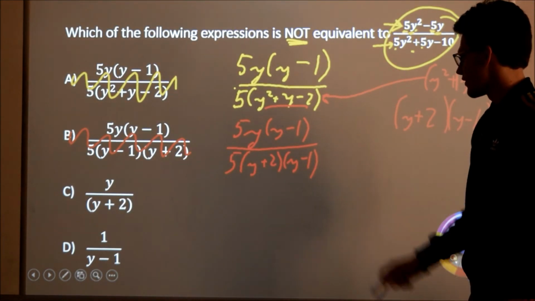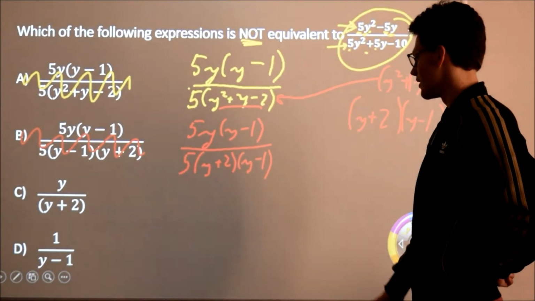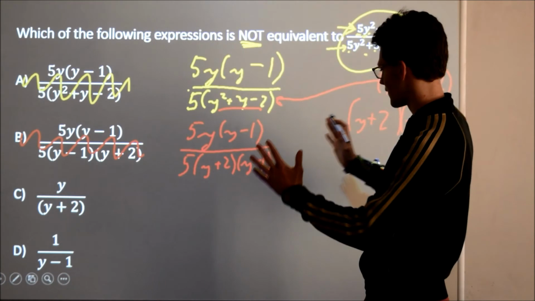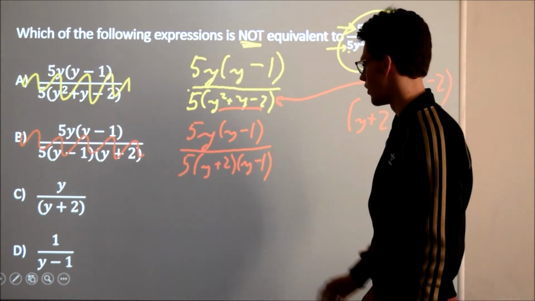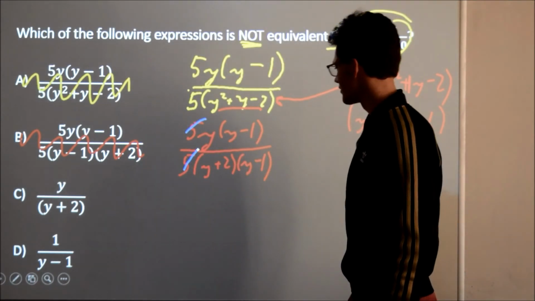Now we see that there are some common terms on both the bottom and the top. We can cancel them out because if you imagine everything as different fractions, they just equal 1. So 5 over 5 gives you 1. Those cancel.